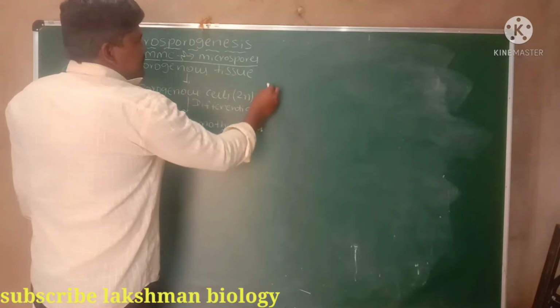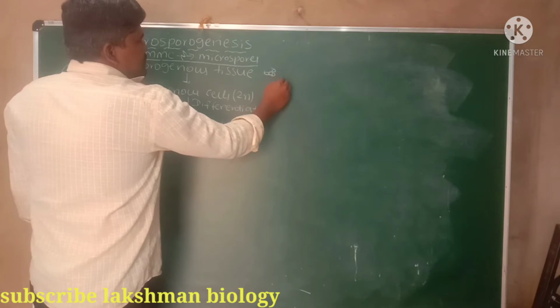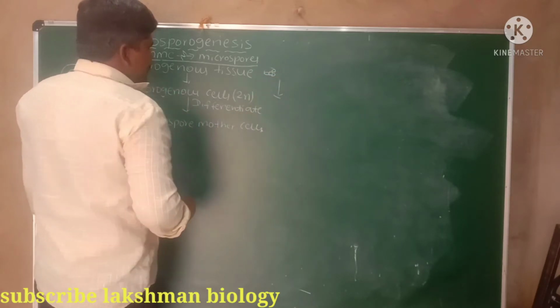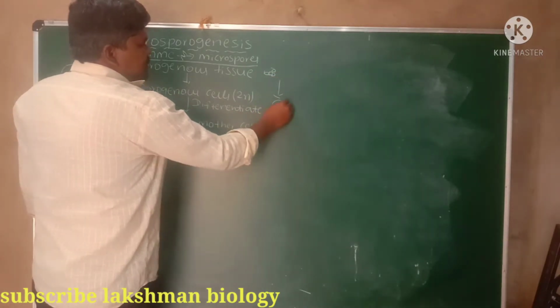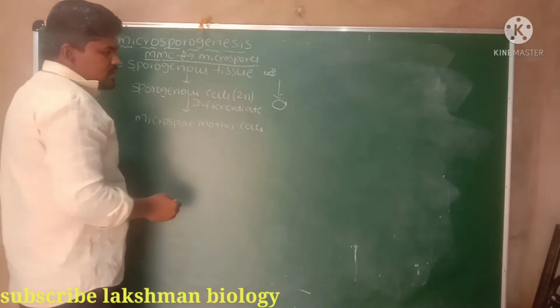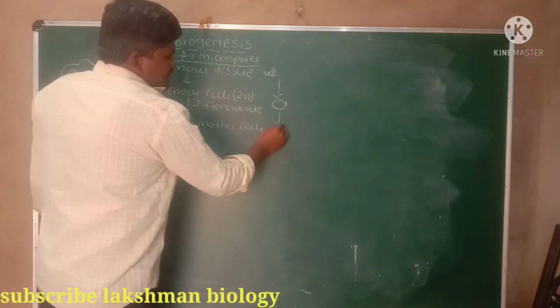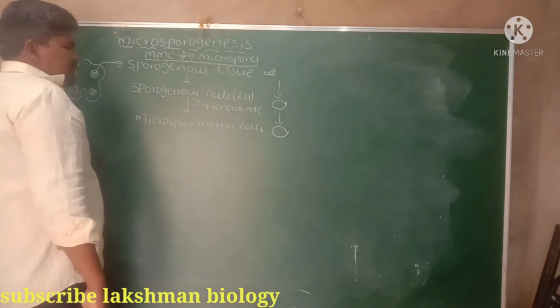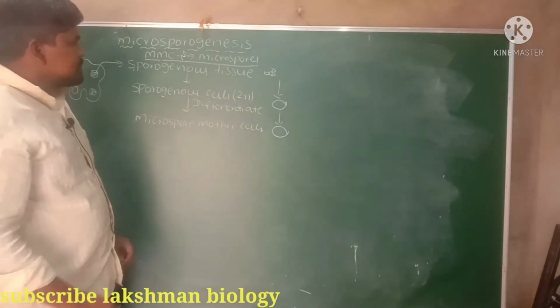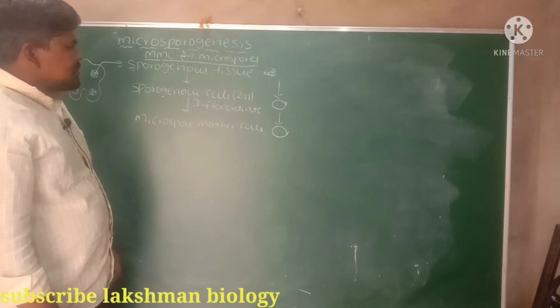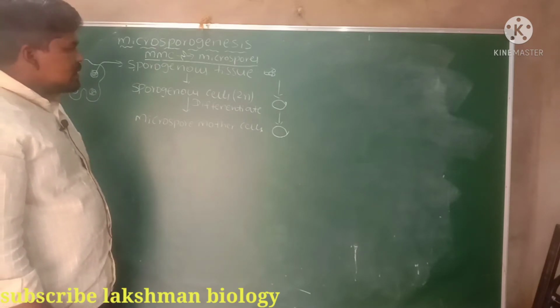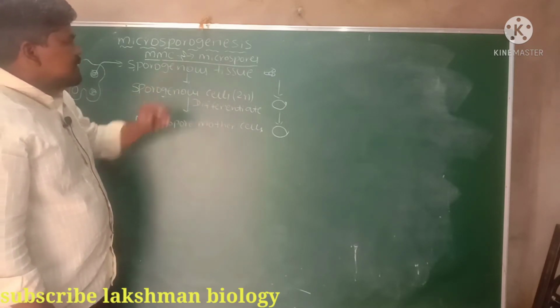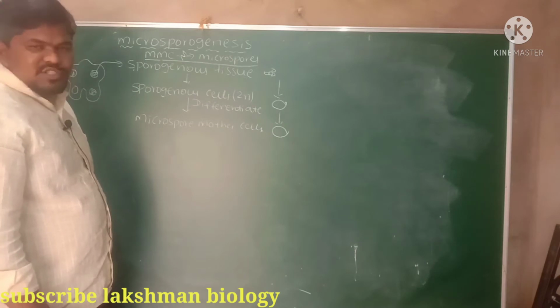See, this is the sporogenous tissue. The sporogenous tissue contains sporogenous cells, that is the sporogenous cell. The sporogenous cell differentiates and becomes a microspore mother cell. This microspore mother cell is involved in meiosis and becomes microspores.